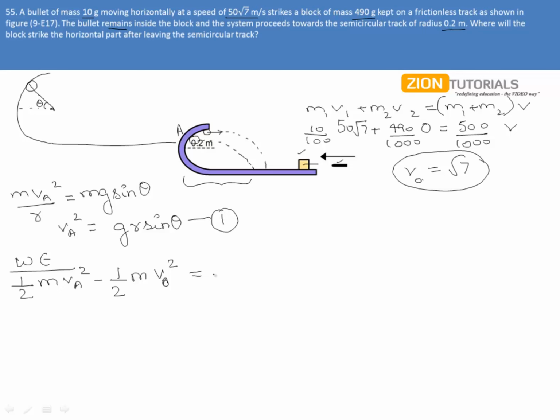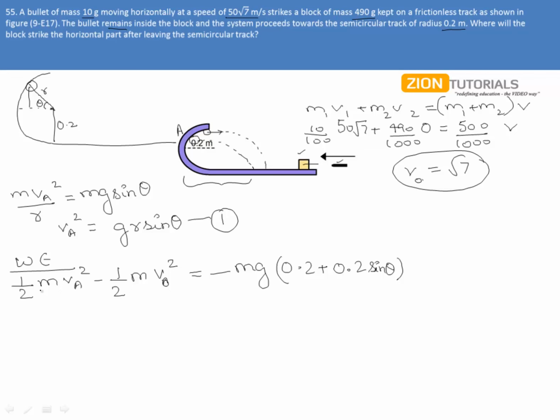So work done by the gravitational force being negative, minus mg into height. Now what is the height? The height is this one, that is the radius 0.2 plus this one. If this is r, then this must be r sine theta. So this height becomes 0.2 plus 0.2 sine theta.